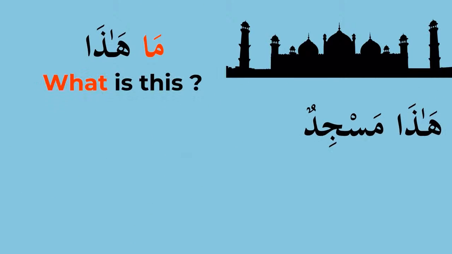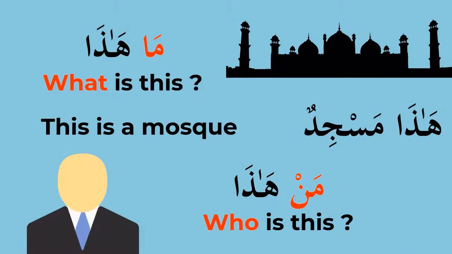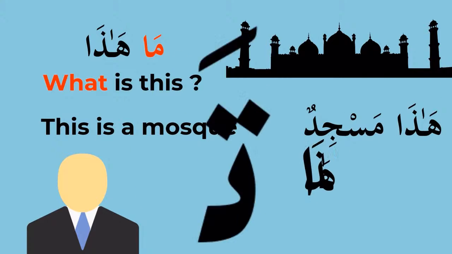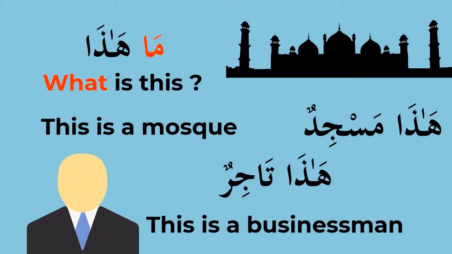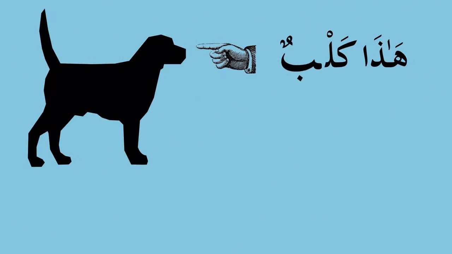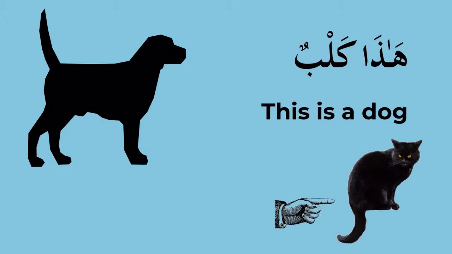Hadha masjidun. Man hadha. This is the question for pointing to an aqil person. Hadha tajirun. What is the meaning of tajirun? Merchant, businessman. Very good. Then hadha kalbun. Dog. Hadha kalbun.